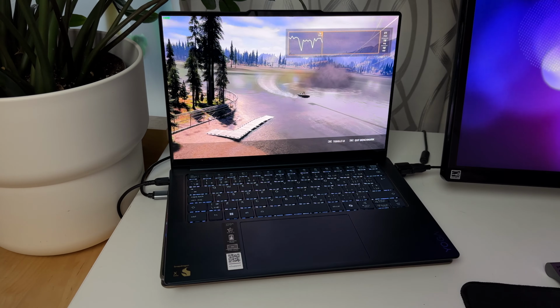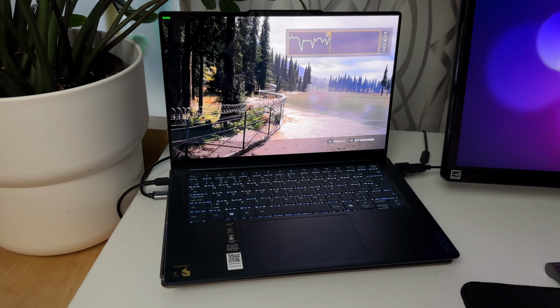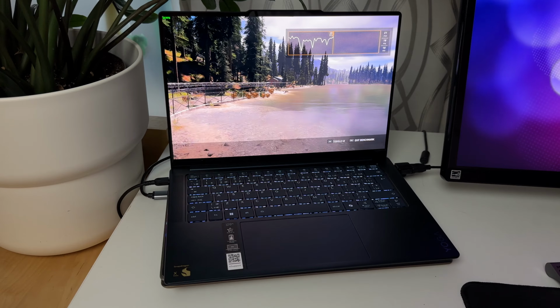It's struggling, unbelievably choppy, FPS from 10 to 20, roughly.